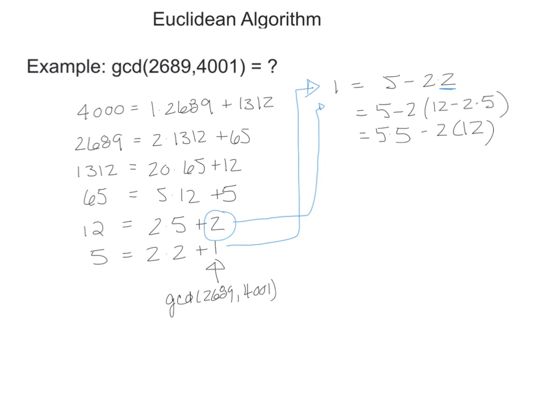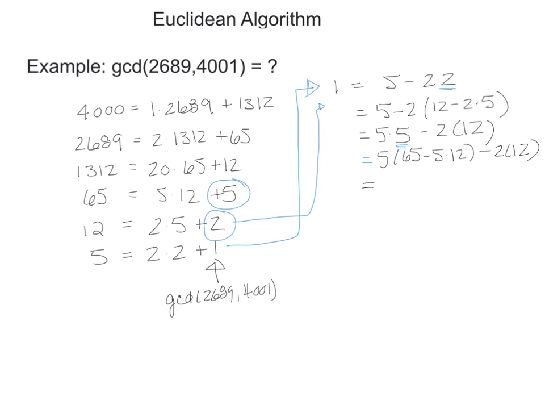In my next equation, my remainder is 5. So I'm going to substitute it for one of these 5s here. So again, for this 5, I am going to substitute 65 minus 5 times 12. So that'll give me 5 times 65 minus 5 times 12, and then I still have, from over here, my minus 2 times 12.